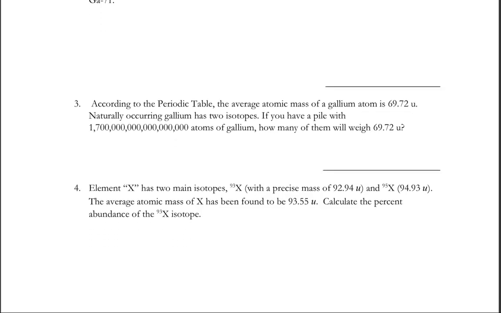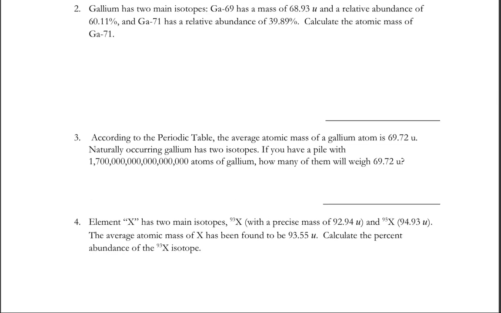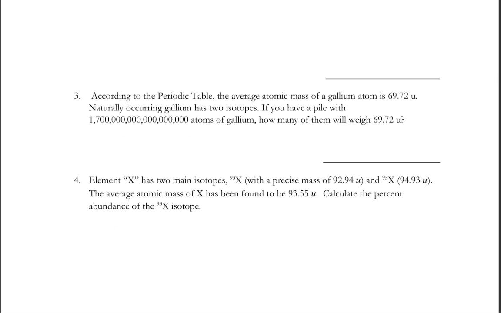In the last problem, it's somewhat like problem number 2. We have two isotopes, X93, we are given its mass. We have X95, we're given its mass. And we're given the atomic mass, the weighted average mass, to be 93.55 U. Calculate the percent abundance of X93.